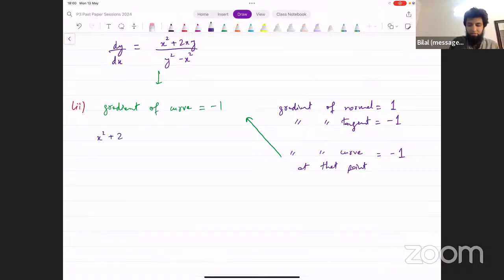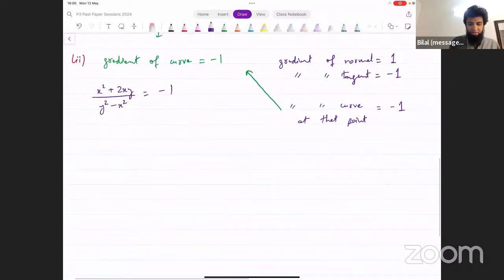X squared plus 2xy divided by y squared minus x squared equals minus 1. Okay. And now this is an equation that you've got. Let's simplify this. This becomes x squared plus 2xy equals minus into y squared minus x squared. That becomes minus y squared plus x squared.